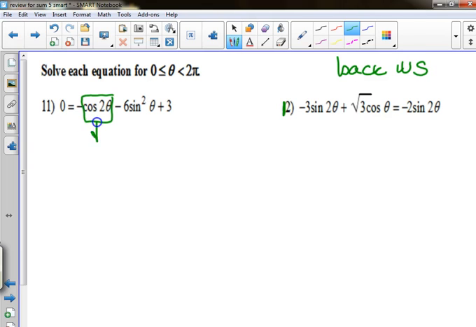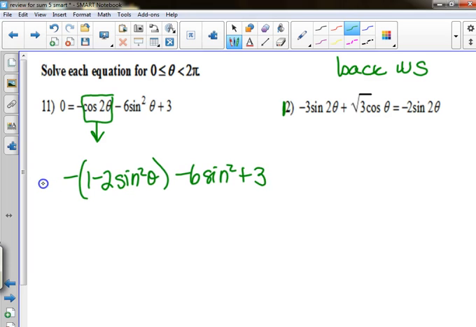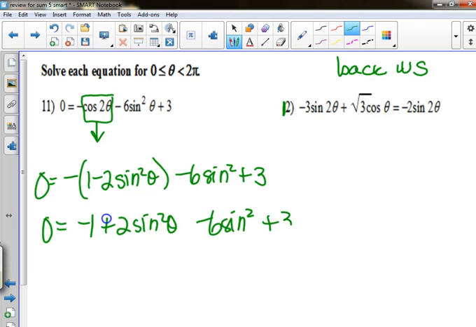Okay. What could I trade cosine 2 theta for? There's 3 trades. Which one seems like a good idea? 1 minus 2 sine squared. Why was that your best idea? There's already a sine squared in the question. Okay, I don't think there's one this ugly looking on the quiz, but the concept is there. If I distribute a negative, I have negative 1 plus 2 sine squared minus 6 sine squared plus 3.